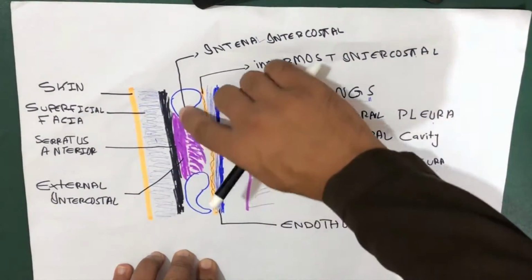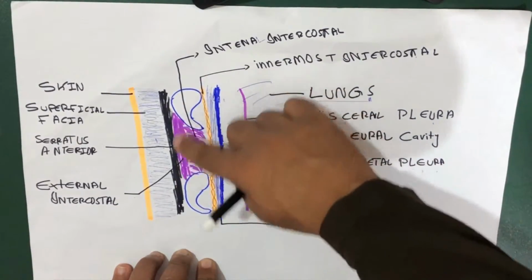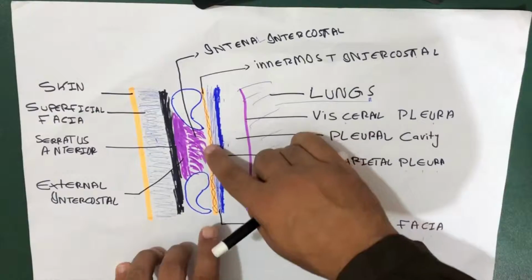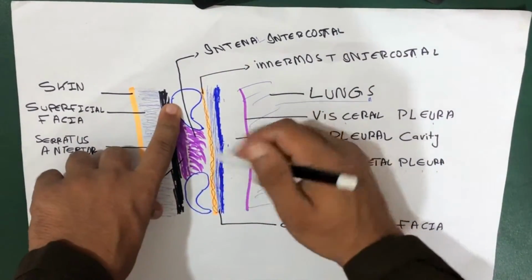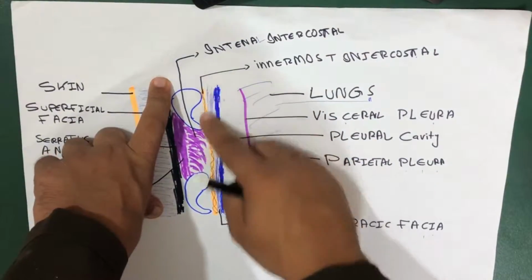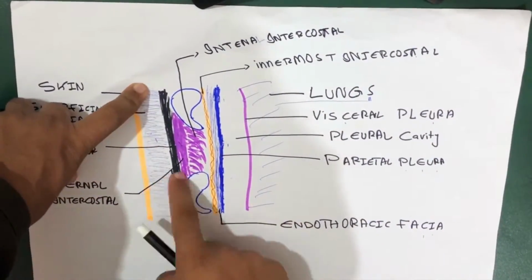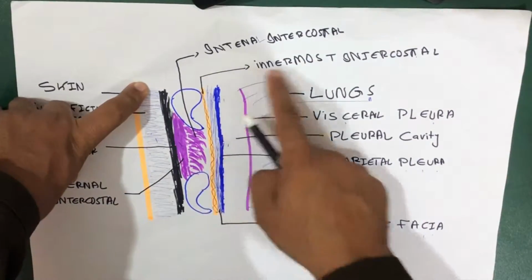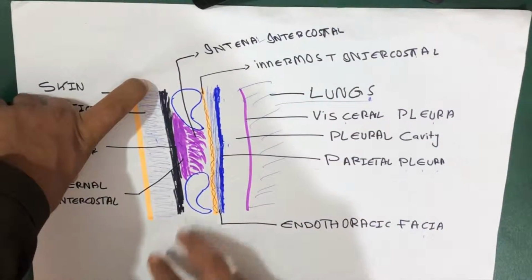You see this one lying vertically, the muscle called external intercostal. Then as we go inward we have got internal intercostals, and the innermost, we have got the innermost intercostal. So this is the external intercostal, internal intercostal, innermost intercostals. This is the basic diagram about these intercostals.